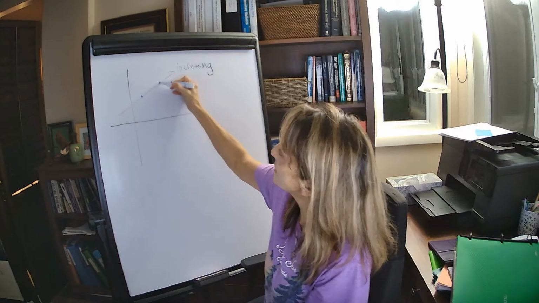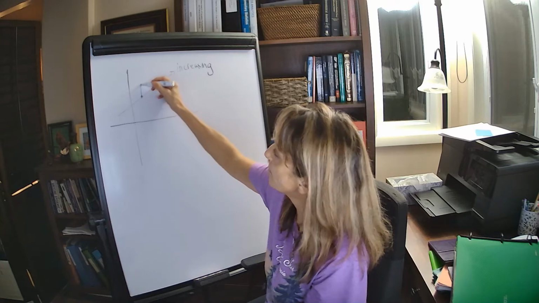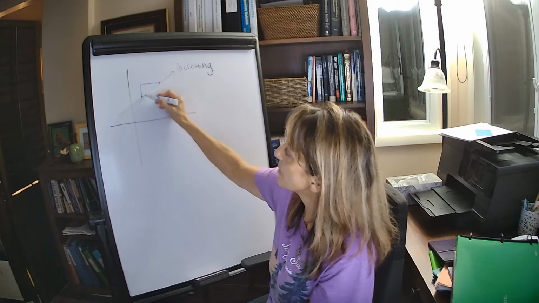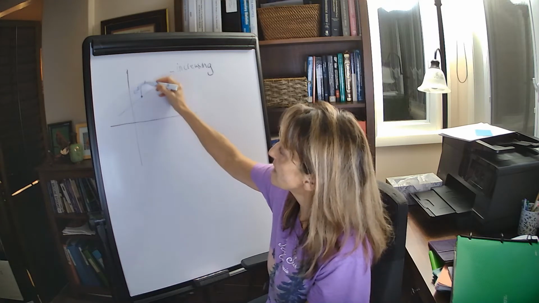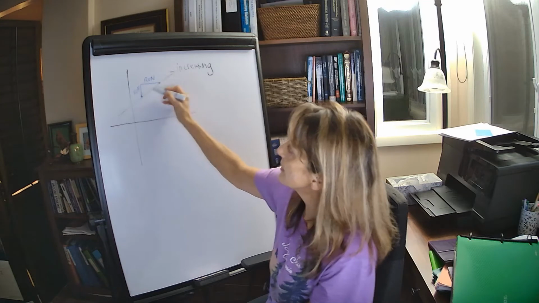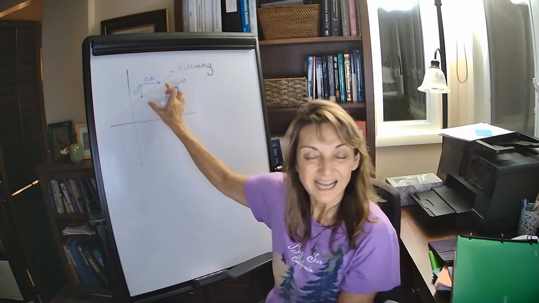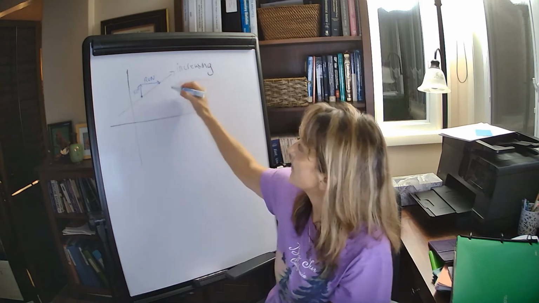To get to another point, we have to go up and over. This amount that we rise versus how far we run. So we rise and then run. And that gives us an idea of what we mean by the slope.